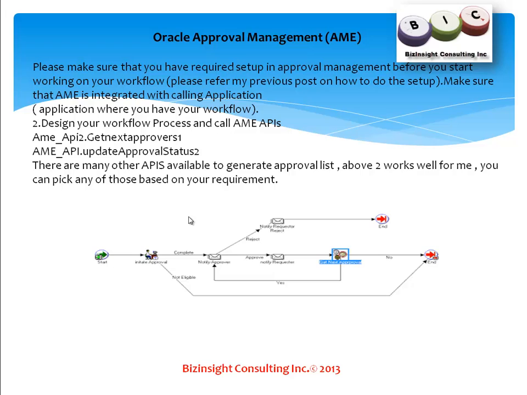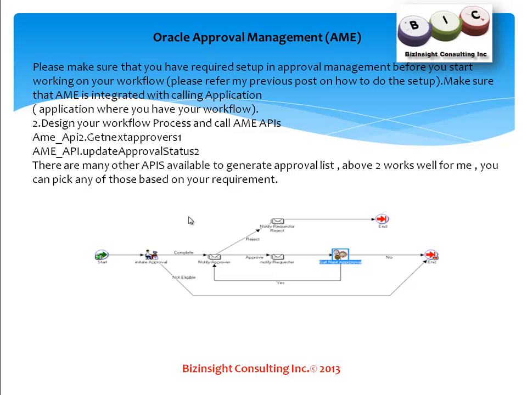In case the user approves it, I send a notification, and then I call get next approval. As the first action, I call the API AME_API.updateApprovalStatus to tell the AME engine, the Oracle Approval Management Engine, that the user has already approved it. Then again I call AME_API2.getNextApprover1 to get the next approval.